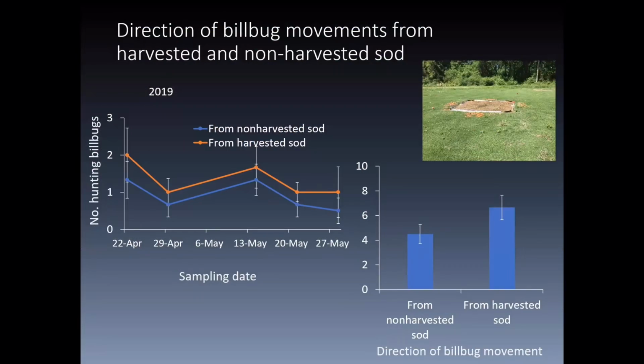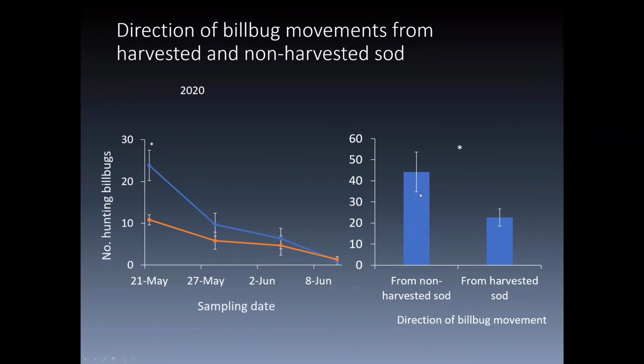And what we see here is that there is basically no difference. So we are seeing activity in both areas, both going this way and coming this way. This is pretty interesting, right? When we repeated it, we saw more activity, more coming from the non-harvested area, but still there is a good number of bugs coming from that small box.